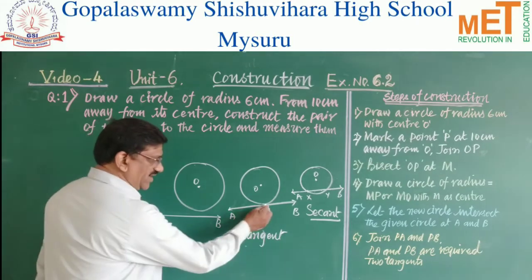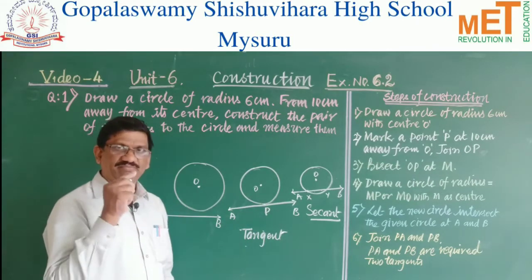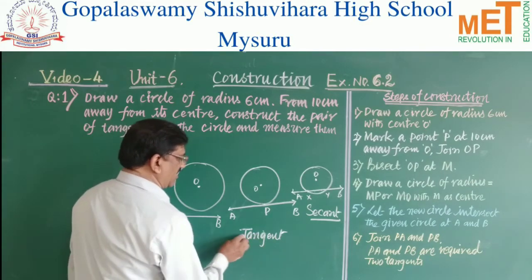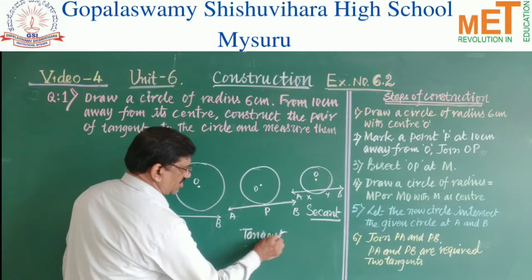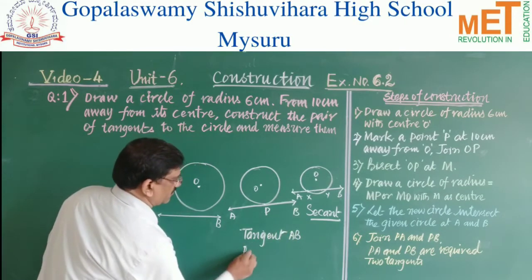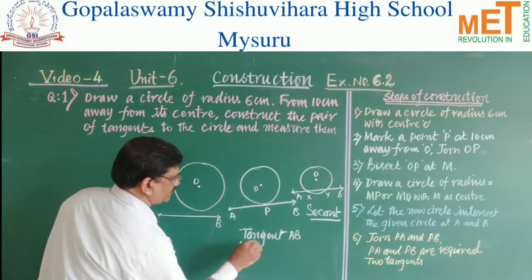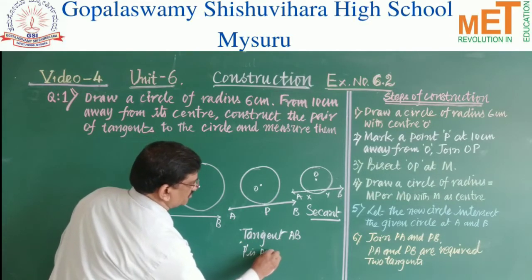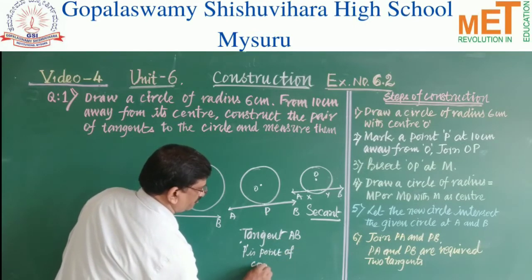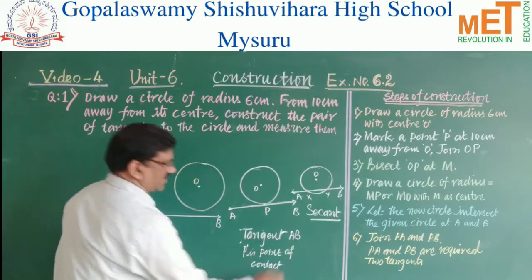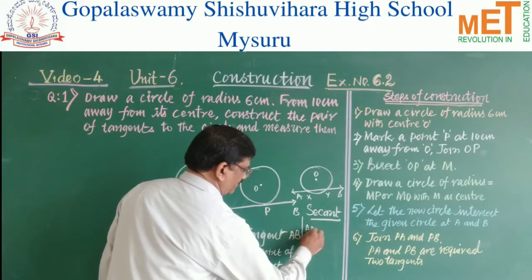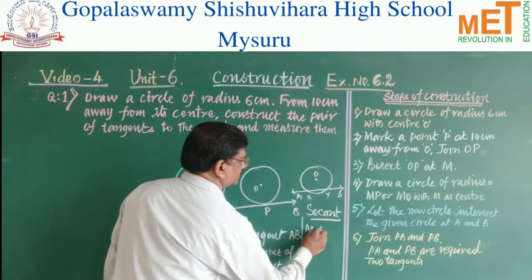Where it touches the circle or meets the circle, we call it the point of contact. AB is a tangent, and P is the point of contact. Understood, children? Here AB is a secant.